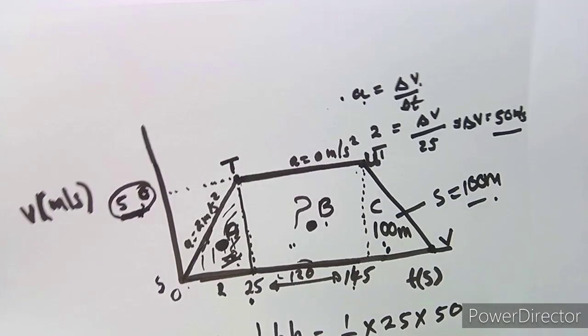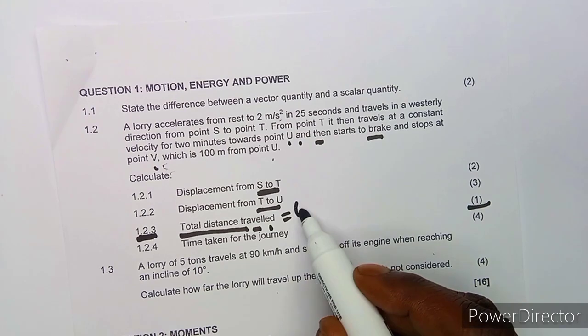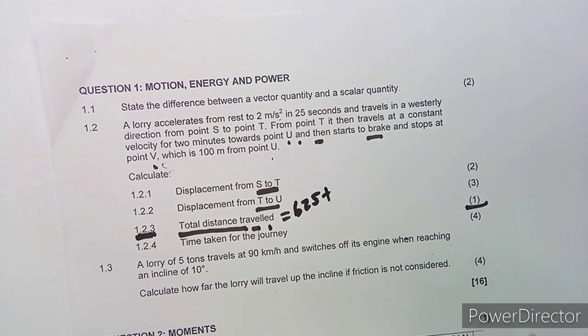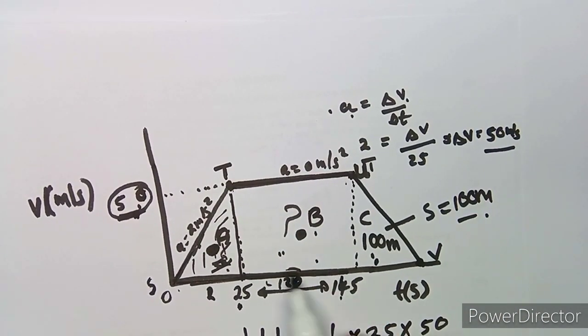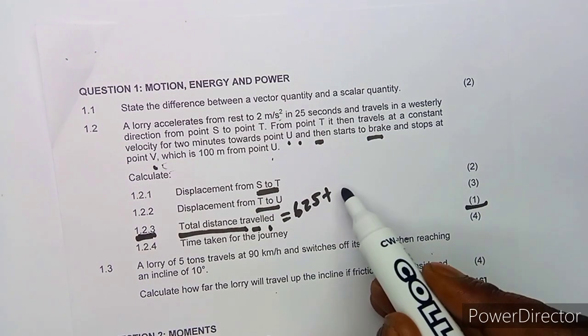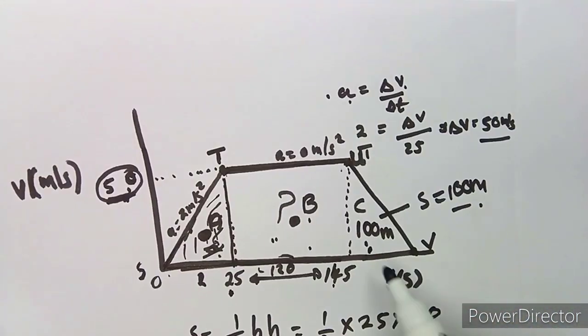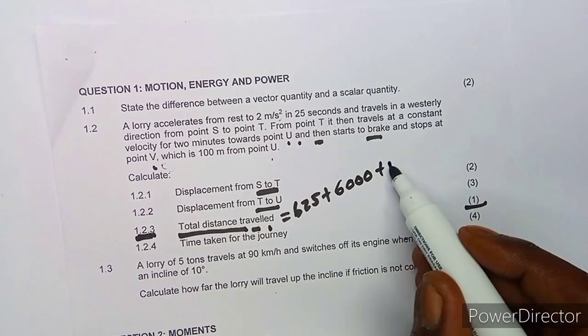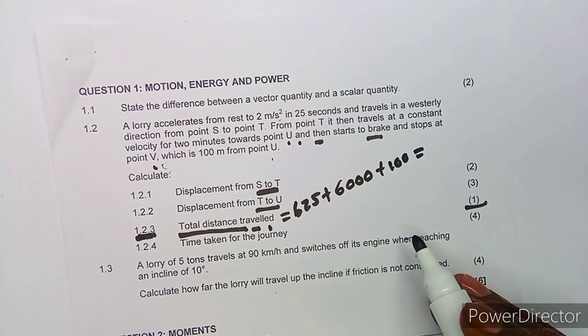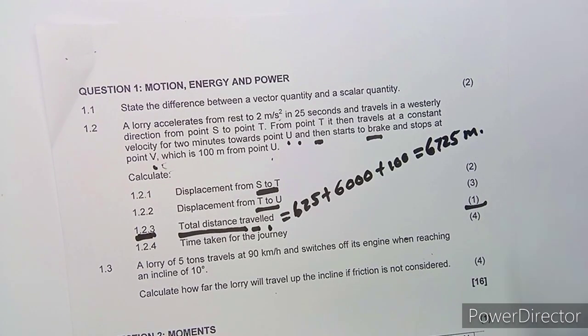Remember we obtained on this one, that was half of this one, 625. So it's going to be 625 plus here, remember we obtained 6,000, if I'm not mistaken. That is what we obtained, 6,000 meters here. And the last one we are given as 100. So we just add these together, and this will give you 6,725 meters. So that is your total distance.